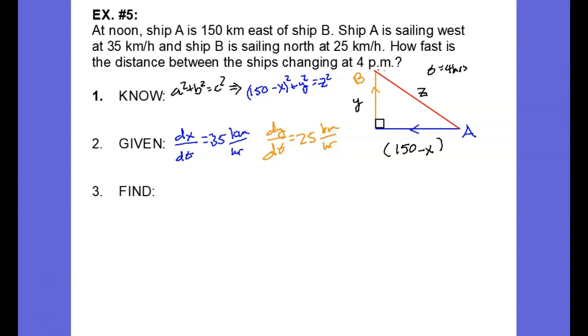Now what they've asked us to find is dz/dt, the rate of change of the distance between ships A and B at 4 p.m. So that's going to be when t is equal to 4 hours. Let's start with the equation that we derived from the Pythagorean theorem: (150 minus x) quantity squared plus y squared is equal to z squared.